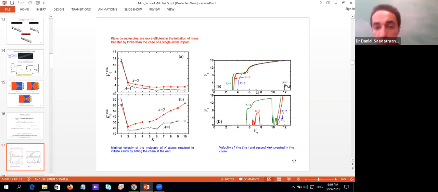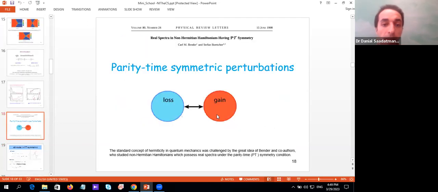In the right figure, you can see we can even create 2 kinks in such a system, where in the top figure, the velocity of the kink after its interaction is shown, and the bottom figure shows the velocity of the second kink that can be created in the chain.